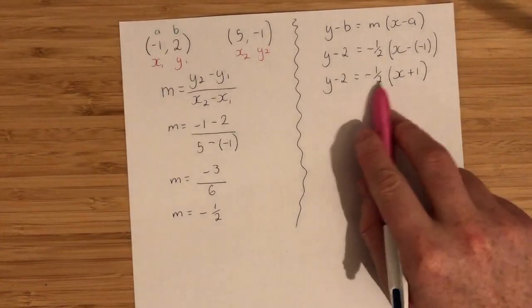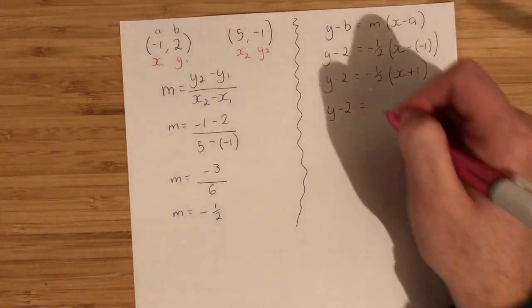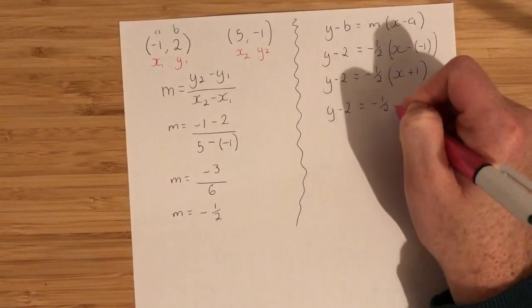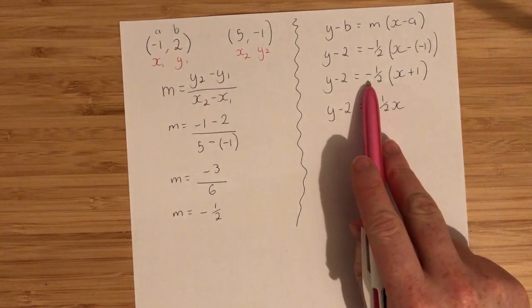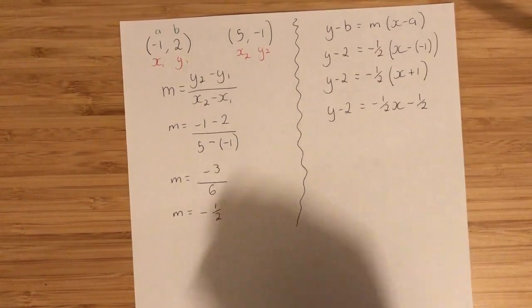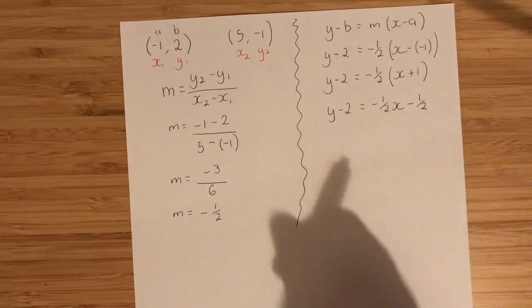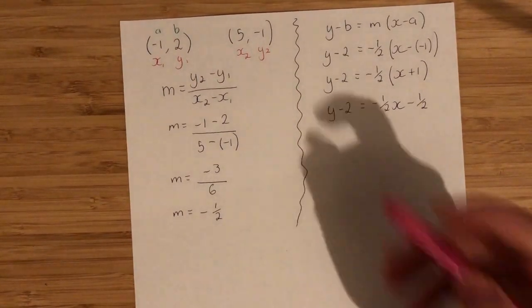Right, now we can multiply out this bracket. Y minus 2 equals negative a half x. Negative a half times 1 is just minus a half. And then last little bit, we just want this y to be by itself, so we're going to bring the 2 over there.